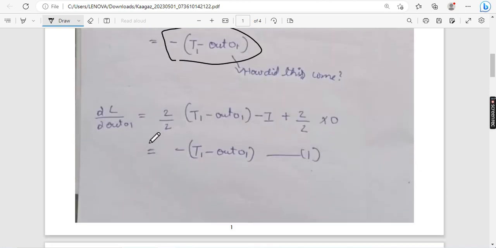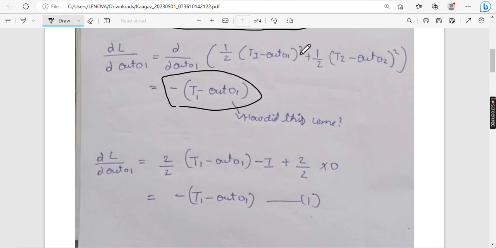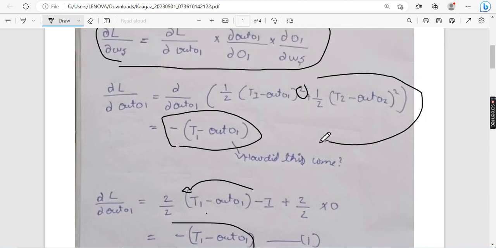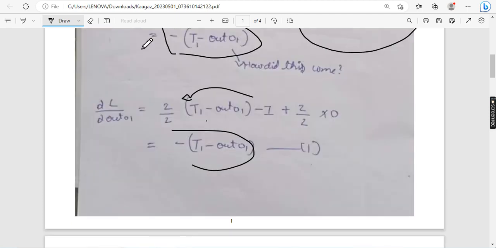The square will come here, the 2 will get cancelled, and I am computing the partial derivative with respect to the out of O1, right? This other part will become 0. So we will get the answer as this. This is our answer.